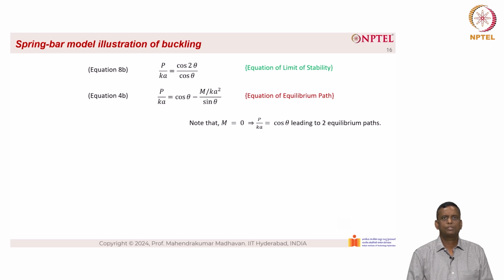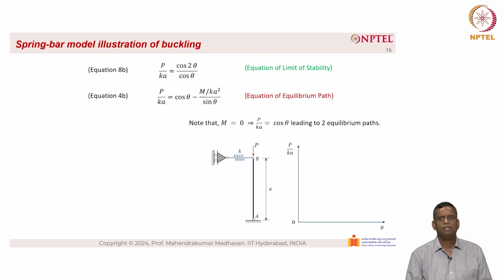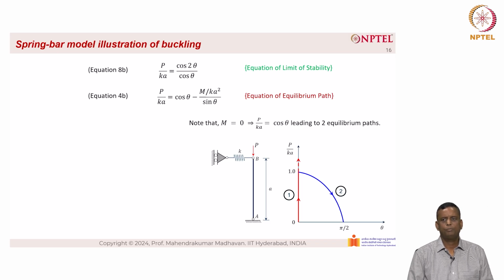Note that when m equal to 0, that is, there is no externally applied moment, p by Ka equal to cos theta, which leads to 2 equilibrium paths as can be seen in the picture below. When we plot a graph between p by Ka and theta, there is a first path which goes from 0 to p by Ka equal to 1, and then the other path goes from 1.0 down to 0 at pi by 2.